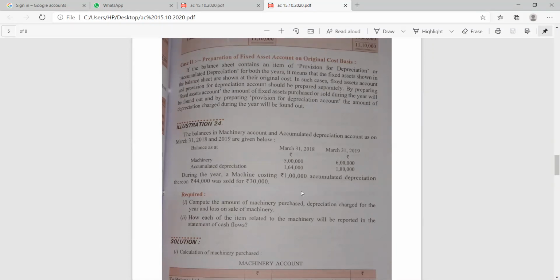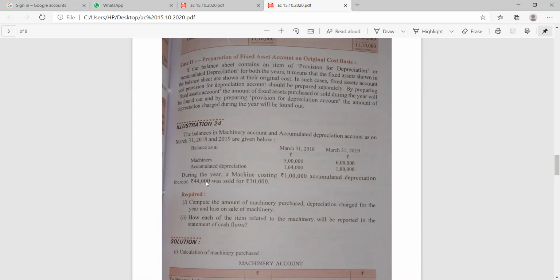Now, some additional information is also given to us. During the year, machinery costing rupees 1 lakh, accumulated depreciation thereon 44,000, was sold for rupees 30,000. I hope one question arises in your mind: accumulated depreciation is given above, and accumulated depreciation is given again.